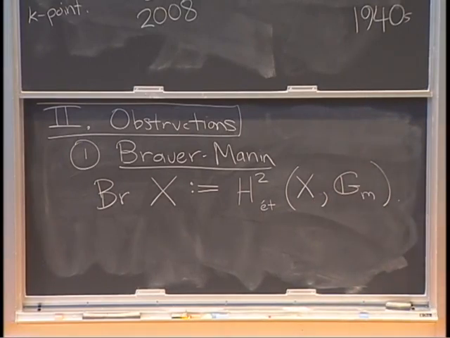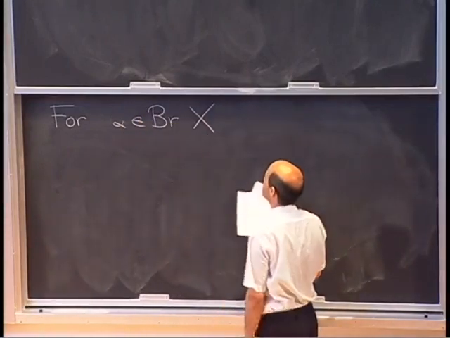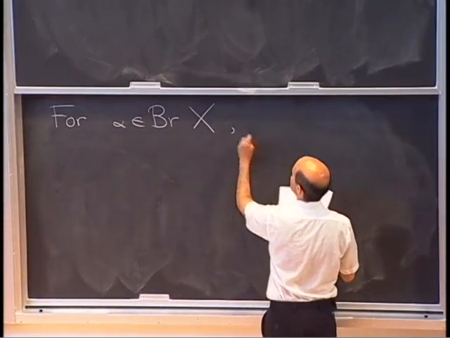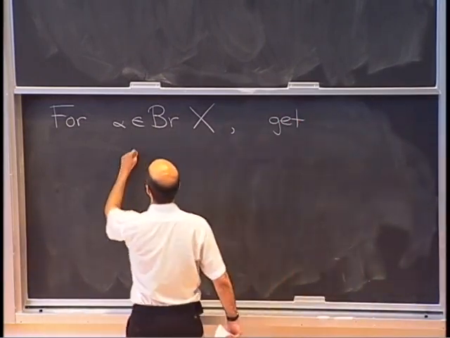So, okay, all right, let me explain how you get an obstruction from Brauer elements. So suppose you have an element of this Brauer group. Then you get a diagram like this.